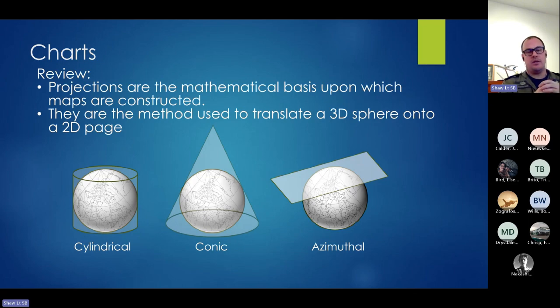We can use a cylinder, a conic, or an azimuthal. The conic is like a flashlight up at the top shone over the globe. The azimuthal is where they took a slice off the Earth. And a cylinder is like wrapping a piece of paper around it, drawing what they need to, and then unfolding it.